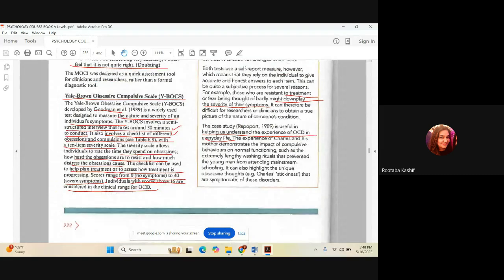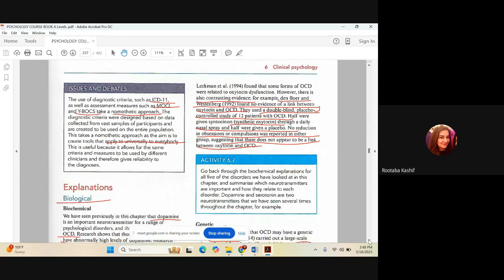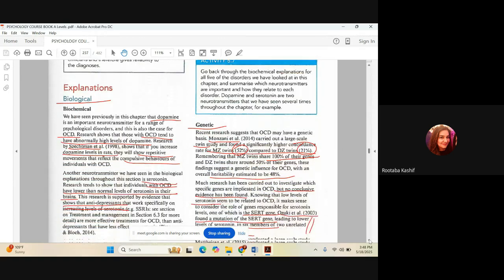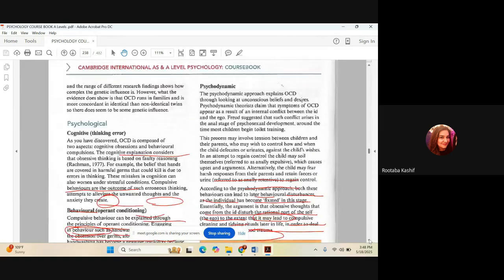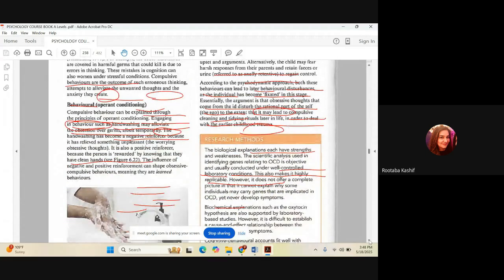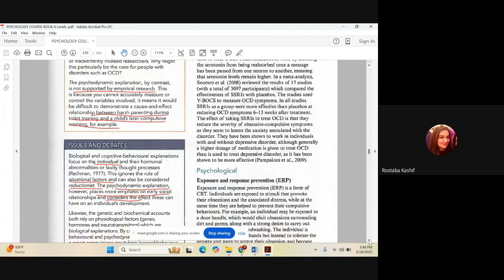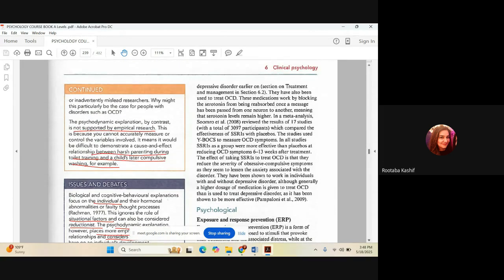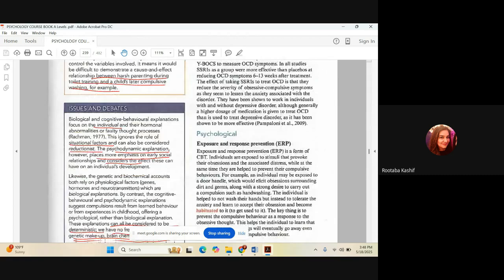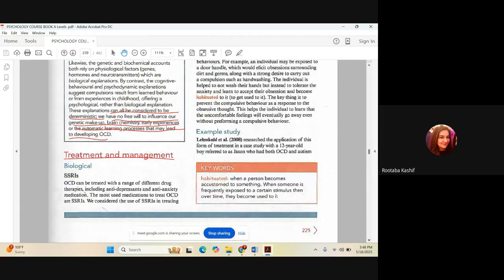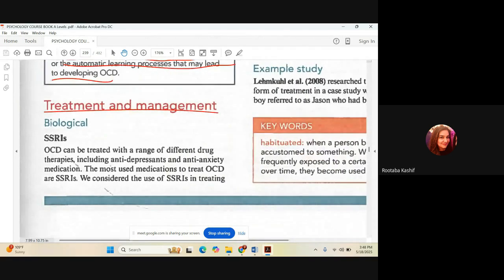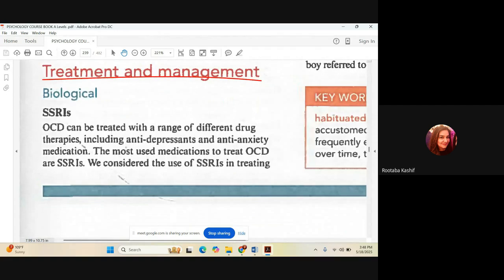So if you go to the treatment part, sorry, I just doodled a little here. Okay. So there are psychological therapies and then there are biological therapies. So when you talk about biological or biochemical therapies, there is this evidence of SSRIs.